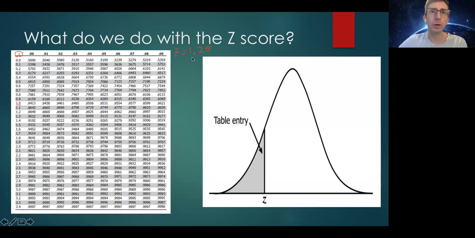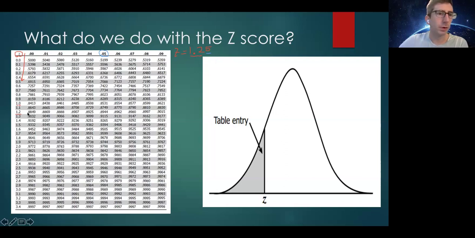So what we would do is we would find 1.2 in this first column. Here it is. And then for this 5, this is in the 100th place. So we would come over to 0.05, because we have 1.25.